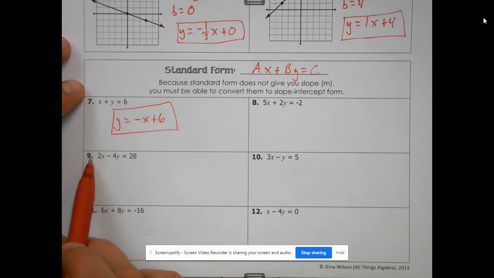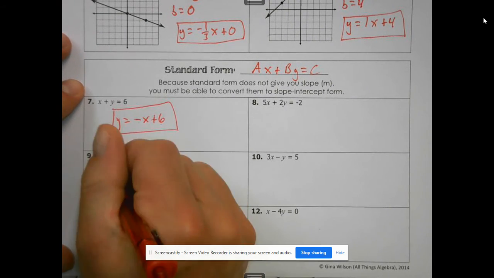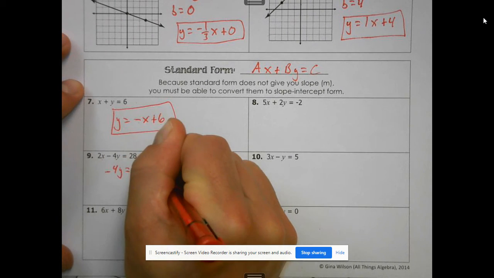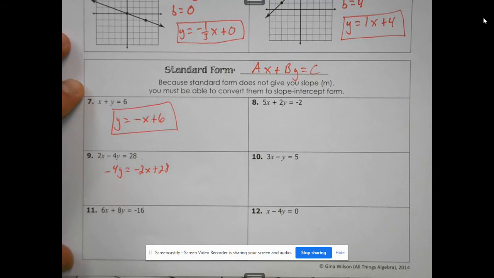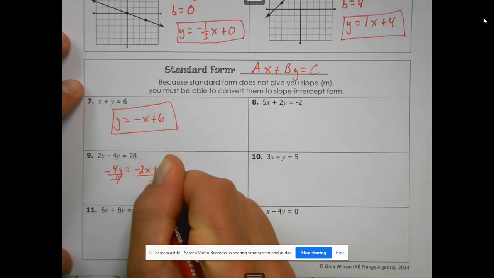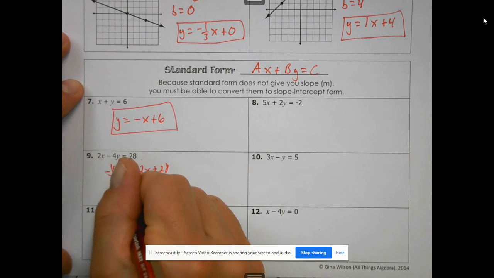Number 9, first step, I got to subtract the 2x over here. So I would have -4y equals -2x plus 28. Second step, I have to divide both sides by -4. Left-hand side, they cancel out. Just have the y.